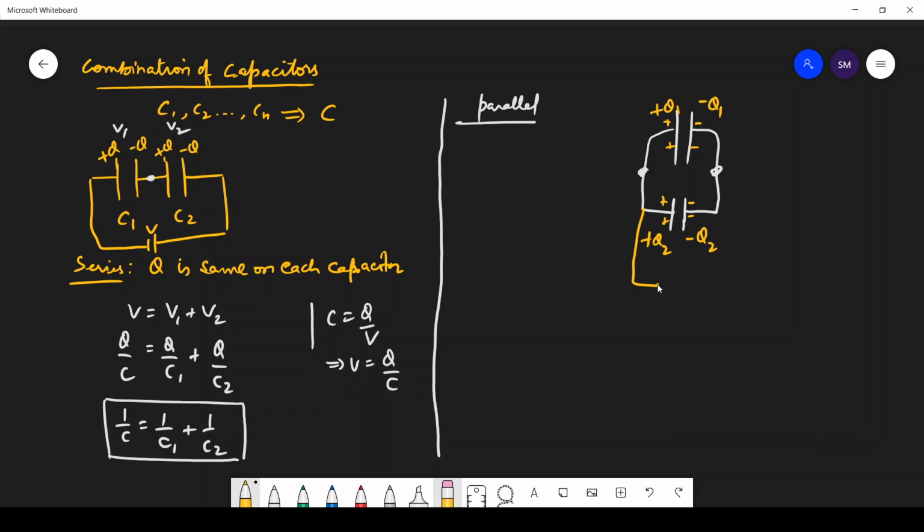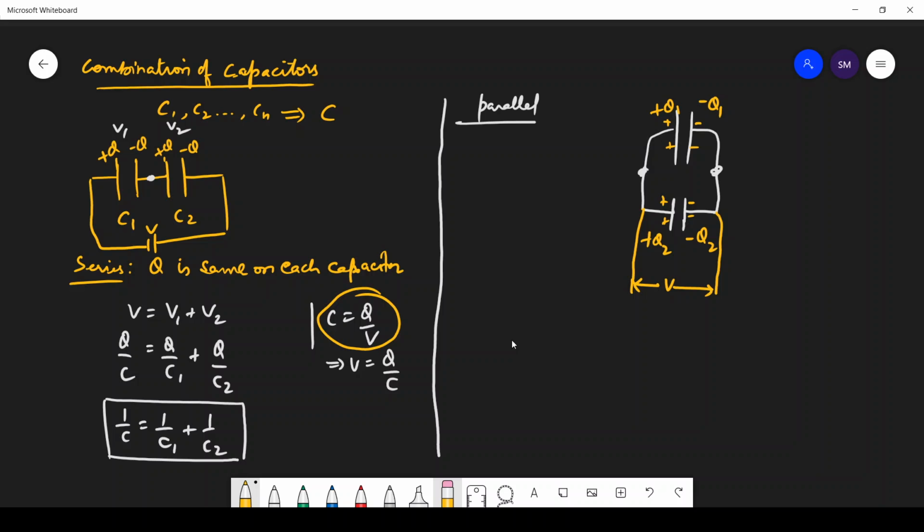And it is connected with potential V. So let V be the potential that they are connected with. Now what will be the total charge here, which is Q is equal to CV, same as in this case. C is equal to Q by V, same in this case.